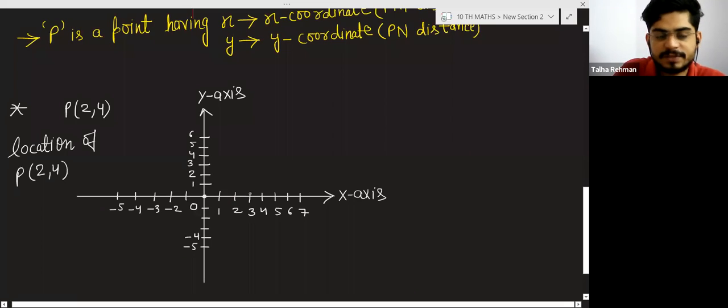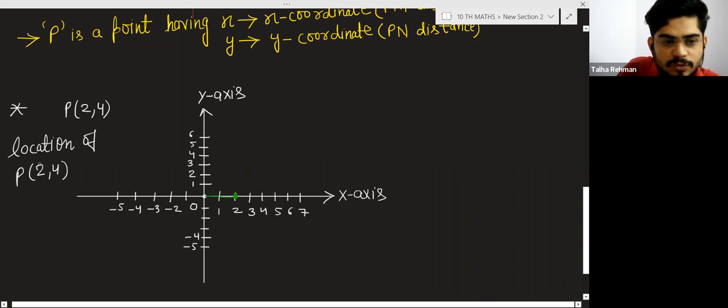So this is very simple. First, suppose that initially you are at origin. You will always start from the origin. So you will move 2 distance along x-axis. Now you are here.